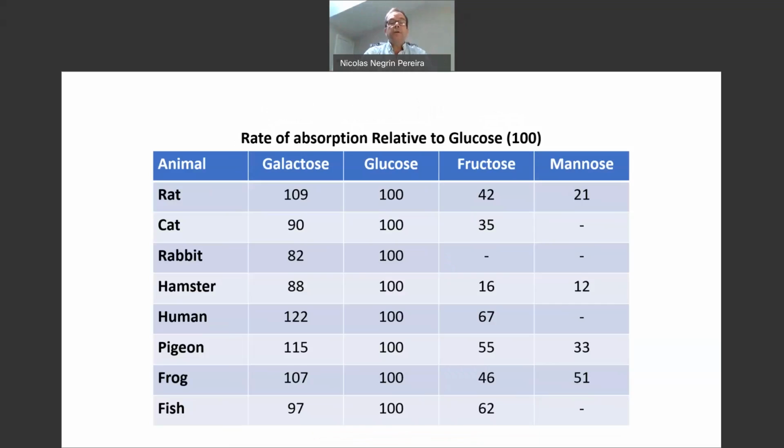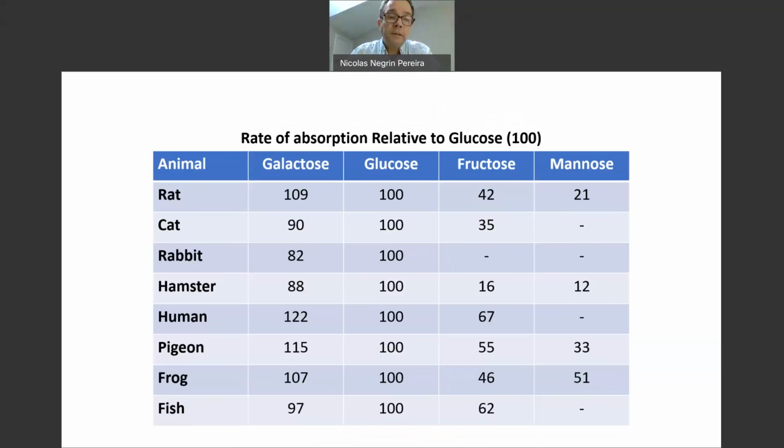This is an interesting table because it shows the rate of absorption of different monosaccharides in relation to glucose. Glucose is considered as 100, so it's a relative absorption, relative to glucose absorption of monosaccharides, and we have the different species.